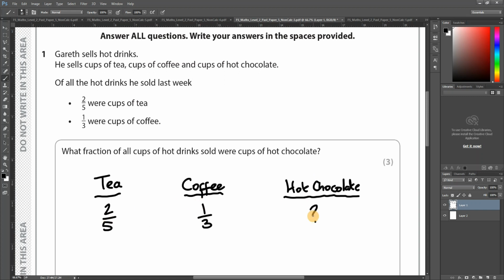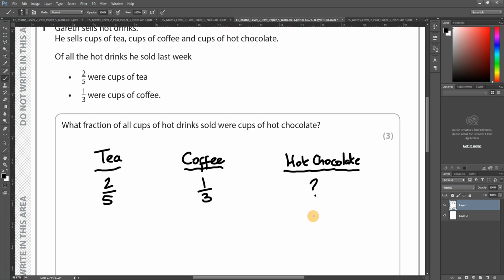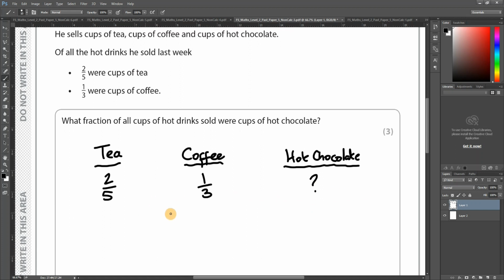So what we can do is work out the total of the tea and the coffee, can't we? So we can work out 2/5 plus 1/3, but when you add these two together without the calculator, you're going to have to get a common denominator. So I would change them both out of 15.